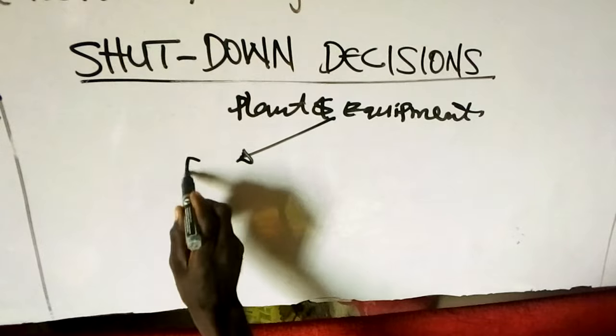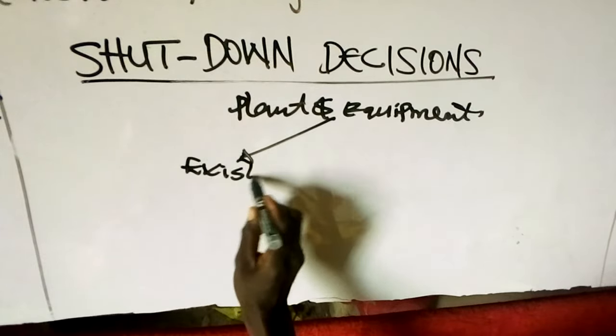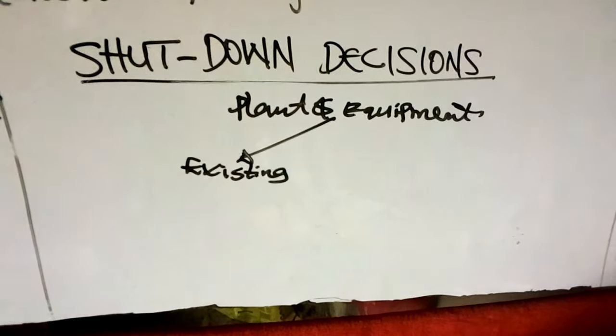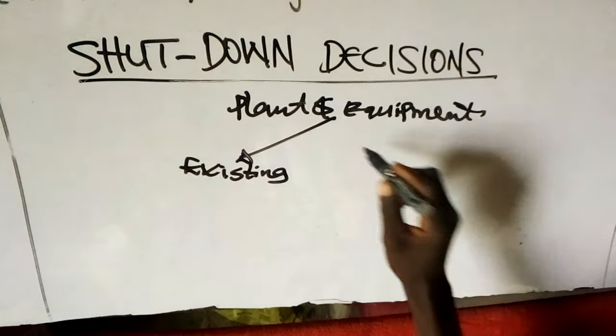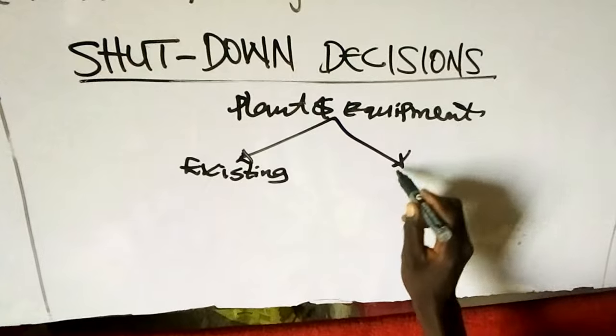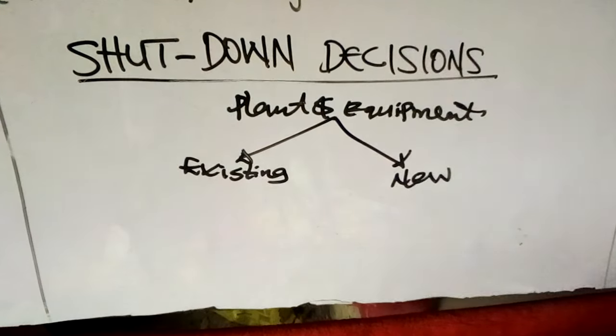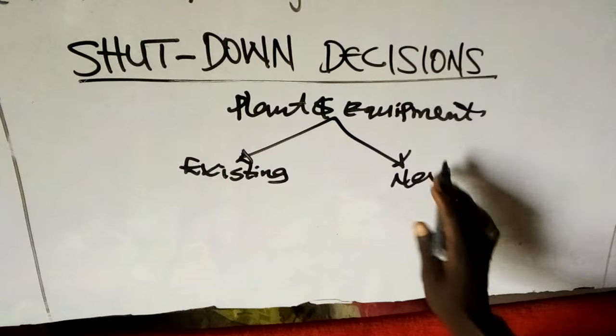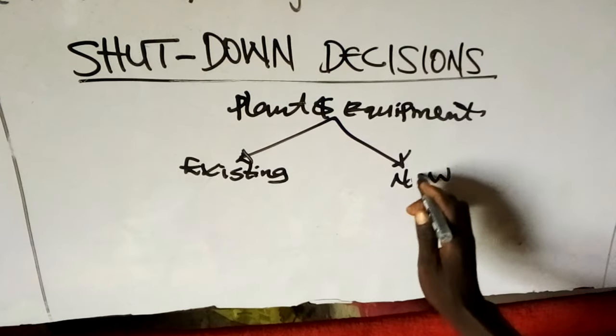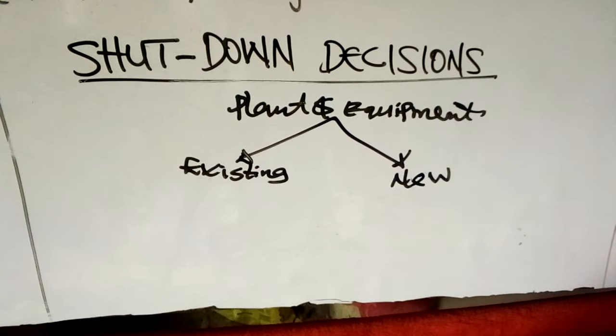We have the existing plant and equipment, and the new one, the newly bought plant and equipment. The existing and the new. So the existing one, the one they already have.